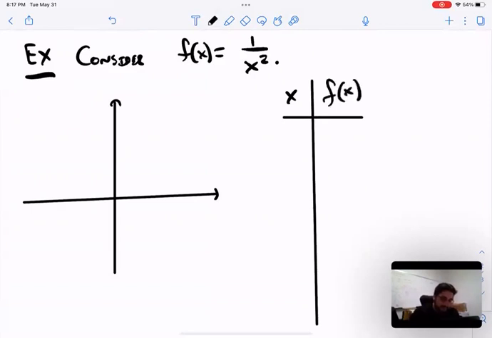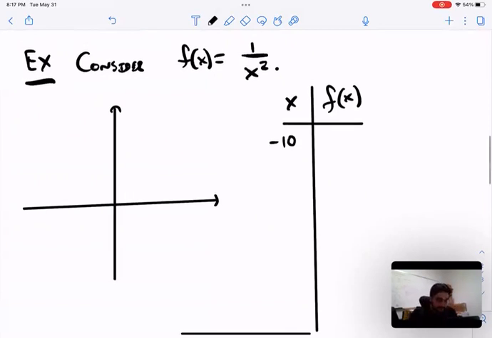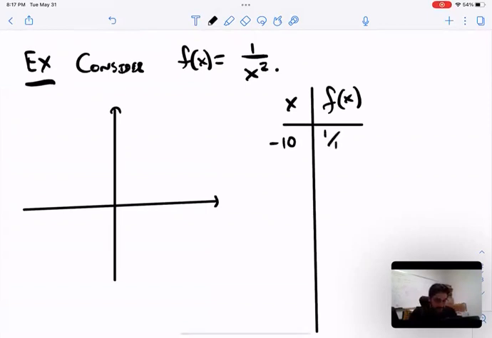So imagine if you have a really, really large magnitude, but negative x value, something like -10, right? Then f of x here is going to be 1 over 100, but it's positive because we squared it, right? -10 squared is positive 100. So this would be 0.01. So down here, I'd have the point at -10.